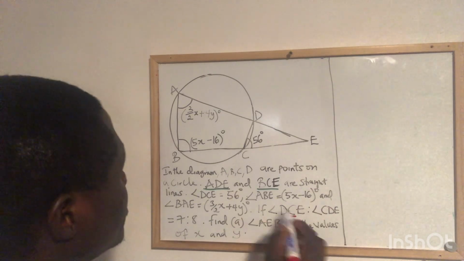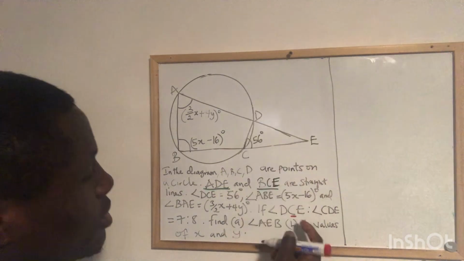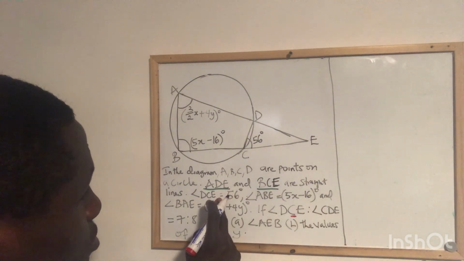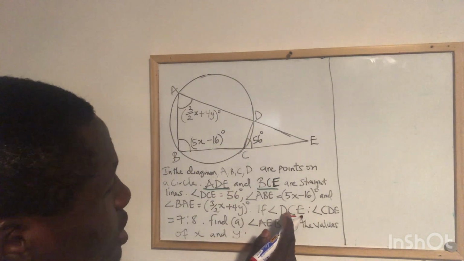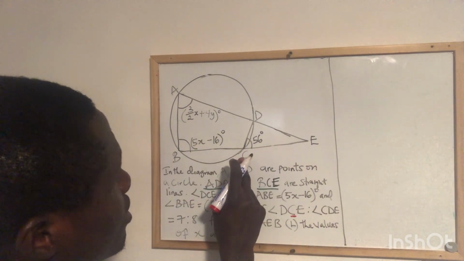If angle DCE is 56 degrees, don't forget. The ratio of angle DCE, which is 56 degrees, to angle CDE.